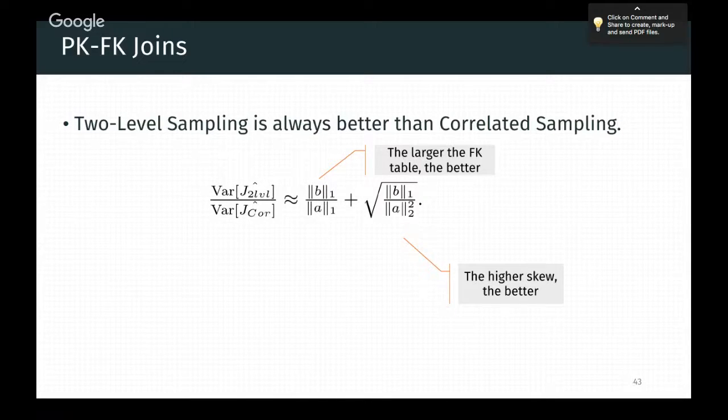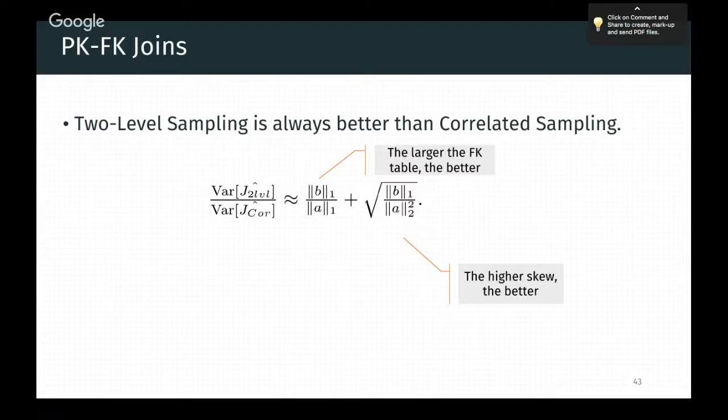But how much smaller? The ratio between our variance and the correlated sampling variance is approximately the sum of two terms. The first term, B1 over A1, describes that the larger the foreign key table is, the better our two-level sampling algorithm is.